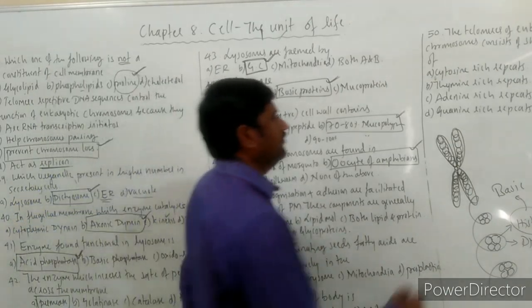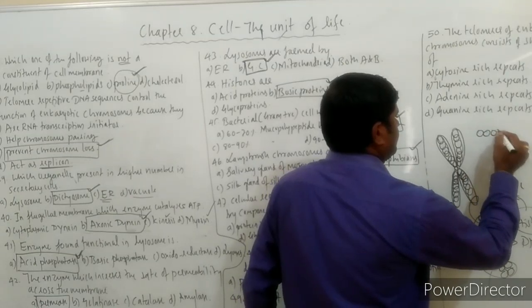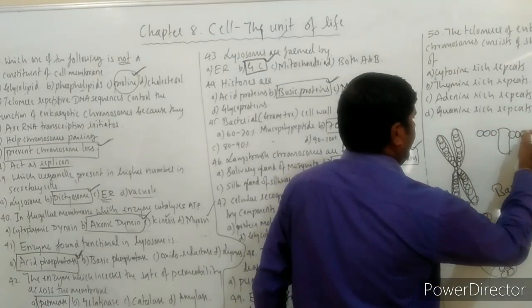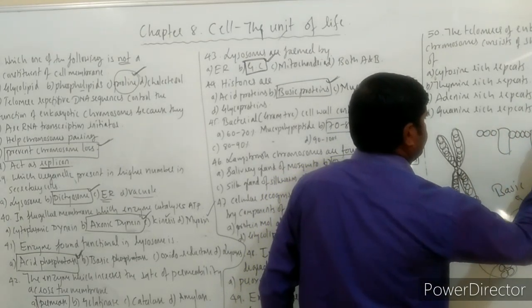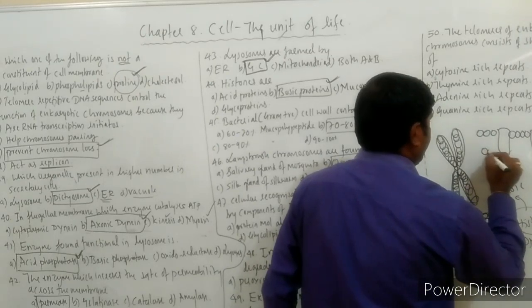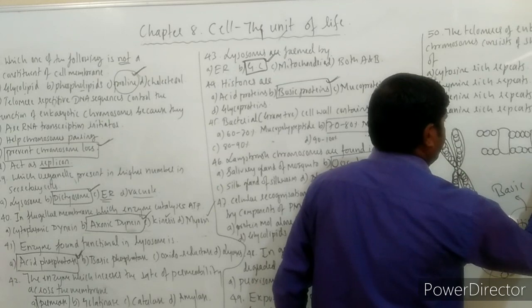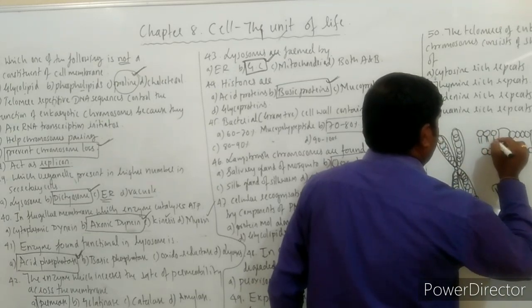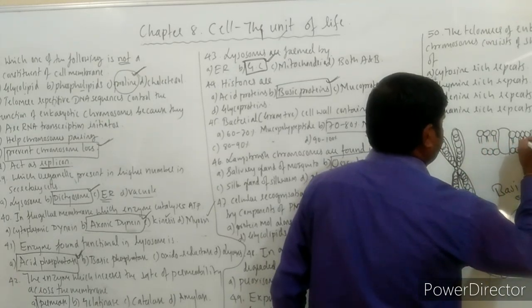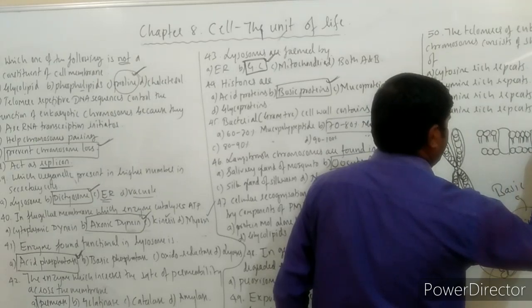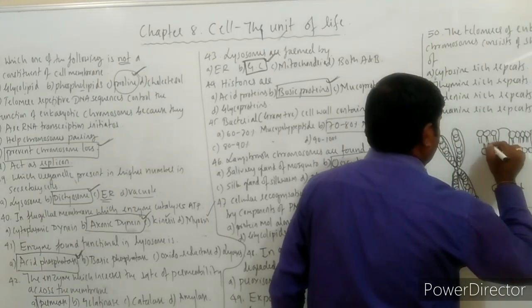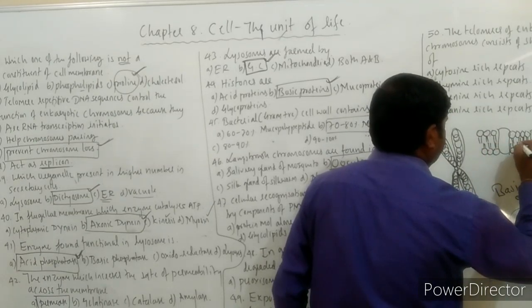So you know better that some proteins are embedded inside the plasma membrane, which is a lipid bilayer, and non-polar fatty acid tails are also present over here. You can observe this.